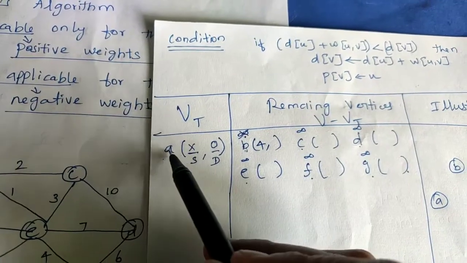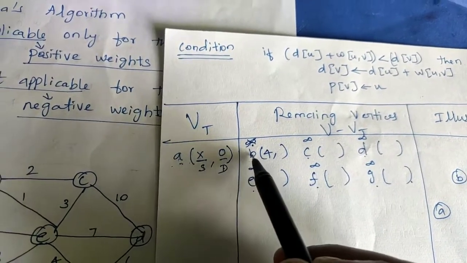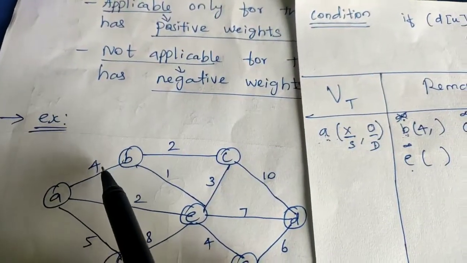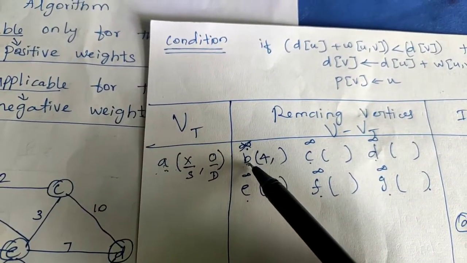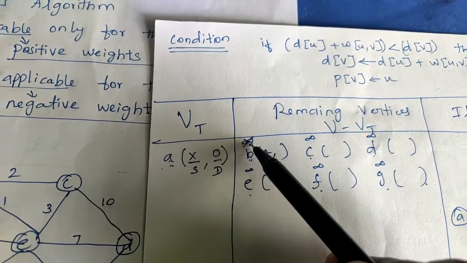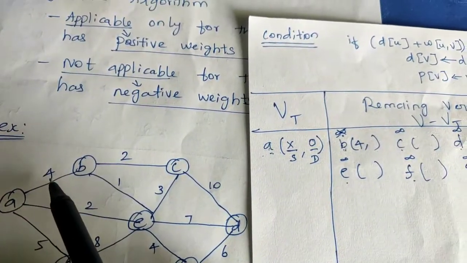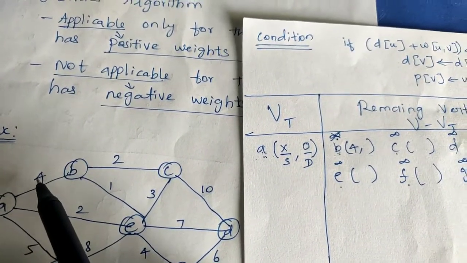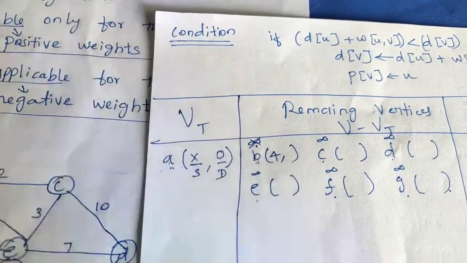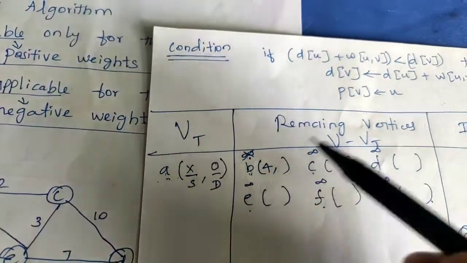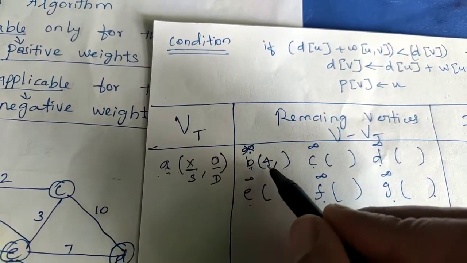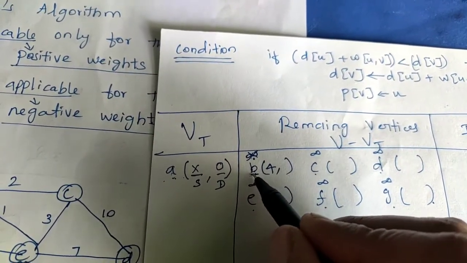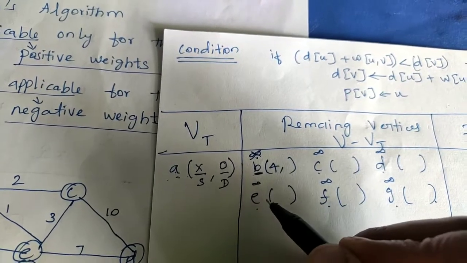I just try to find A to B. The distance is 4. Already I have initialized the distance of B vertex to infinity. 4 is less than infinity, so update the distance of B as 4. From which vertex have I visited B?